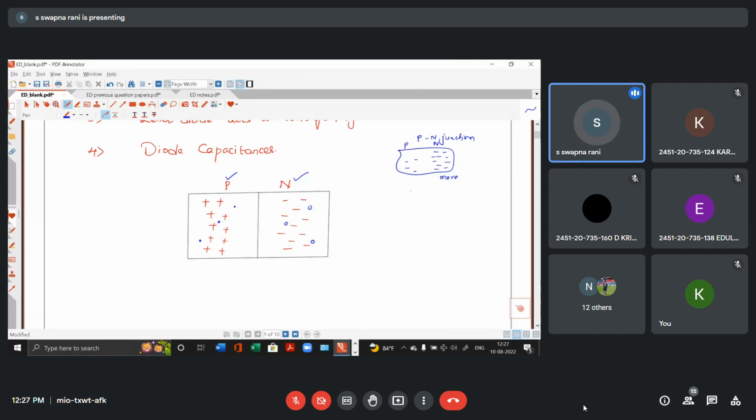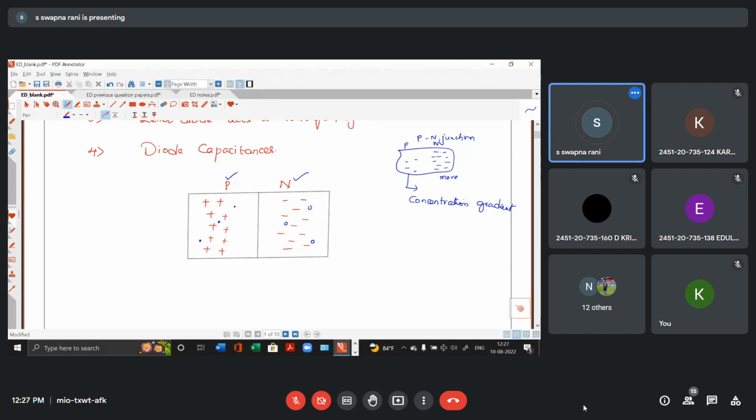This condition is called concentration gradient.